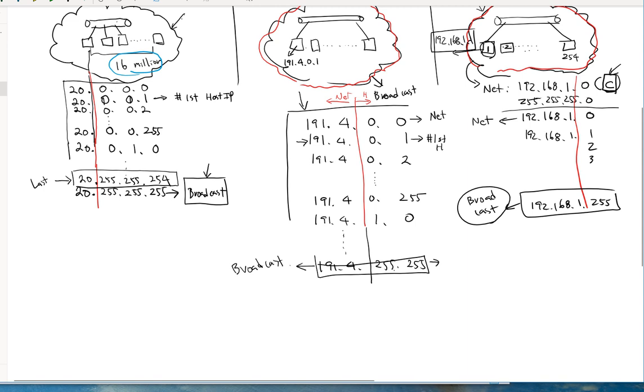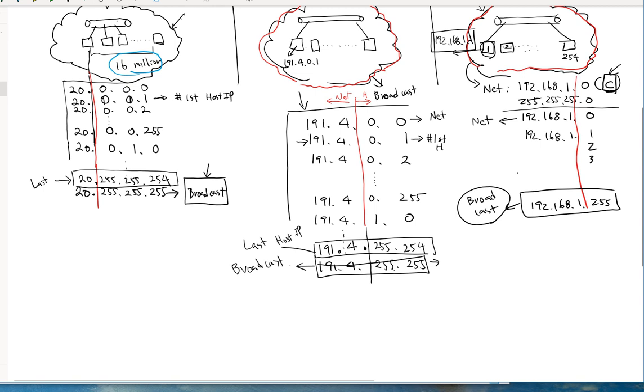So in this case, I know that this is going to be my last usable host IP address. So when I subtract 1 from the broadcast, 191.4. What is it? 255. What? Any volunteer? 254.